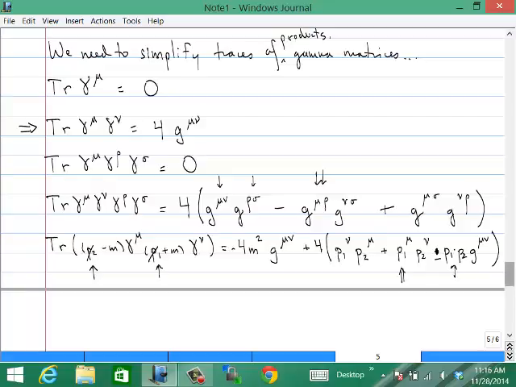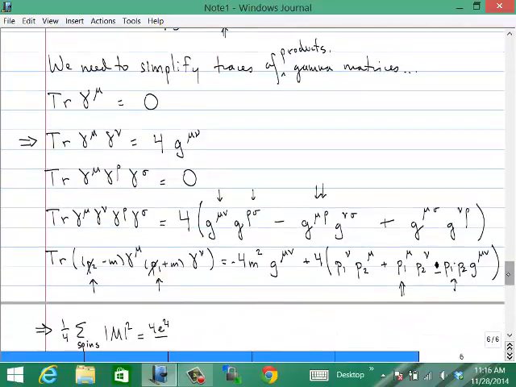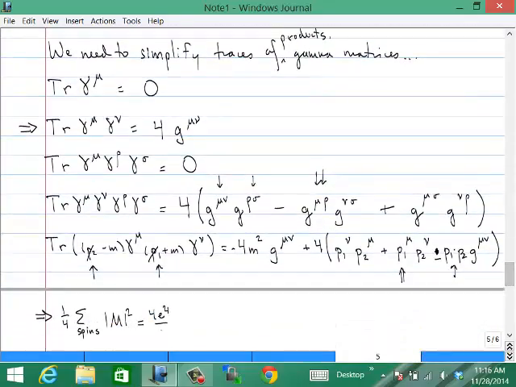Okay, and so if you write out the spin-summed correlation function, or spin-summed scattering amplitude, then you just get a product of two terms like this. So you get a 4e to the fourth over s, because there'll be two factors of 4 coming from these spin sums.